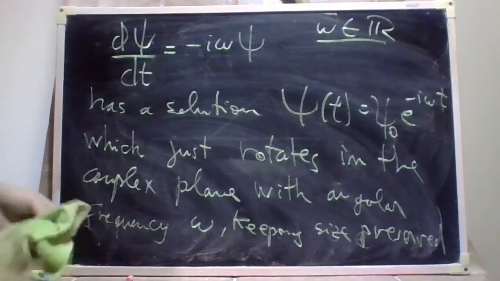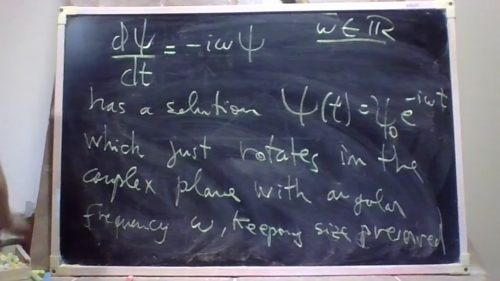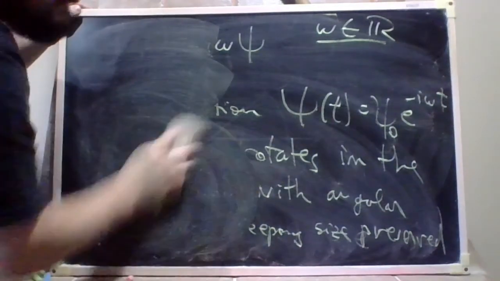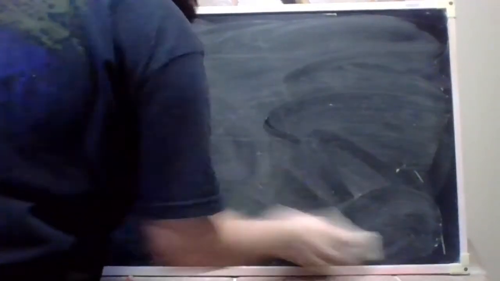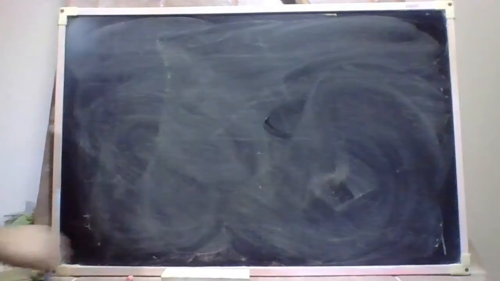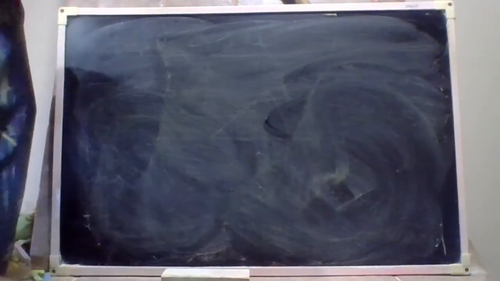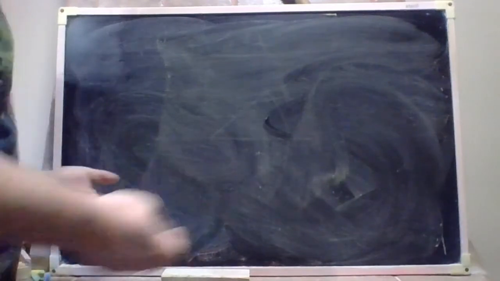Now, let's go to quantum mechanics. All right, let's try to understand what must be the case in quantum mechanics. So, let's go for a Hilbert space where vectors are complex vectors.